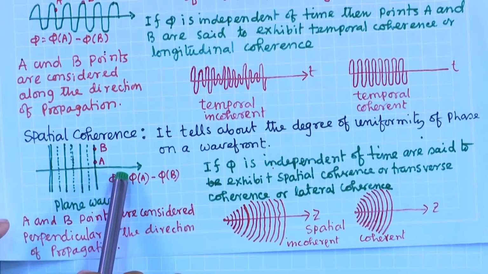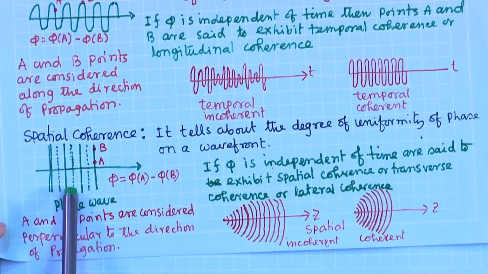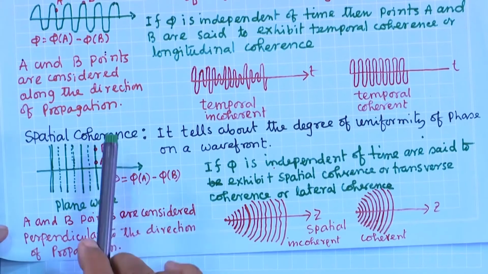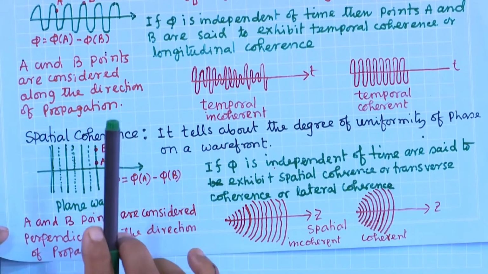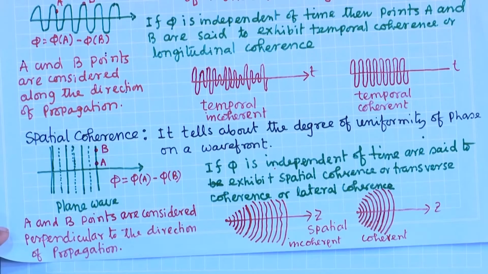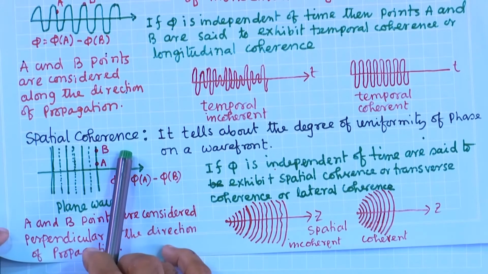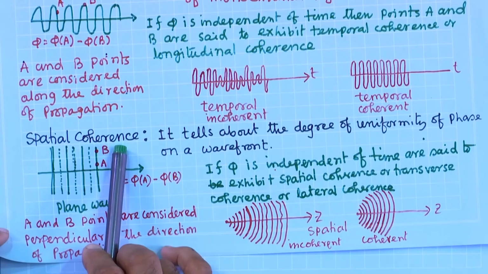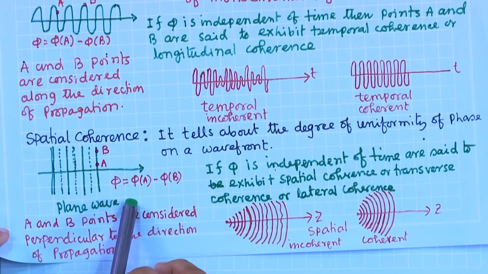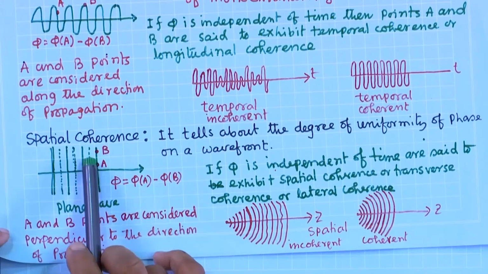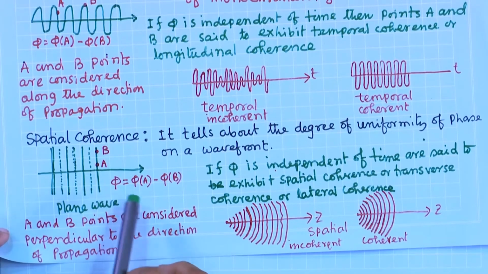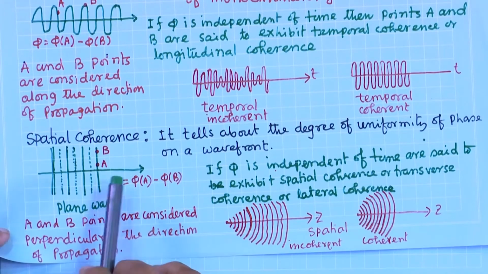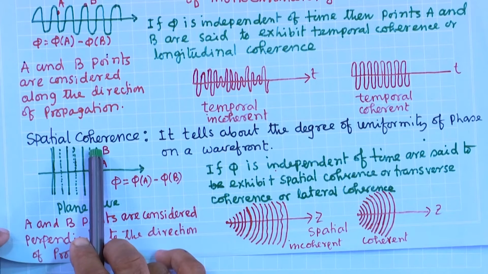Now for spatial coherence, on a wavefront, if we take 2 points A and B, and their phase difference remains constant with time, then we say they are spatially coherent.